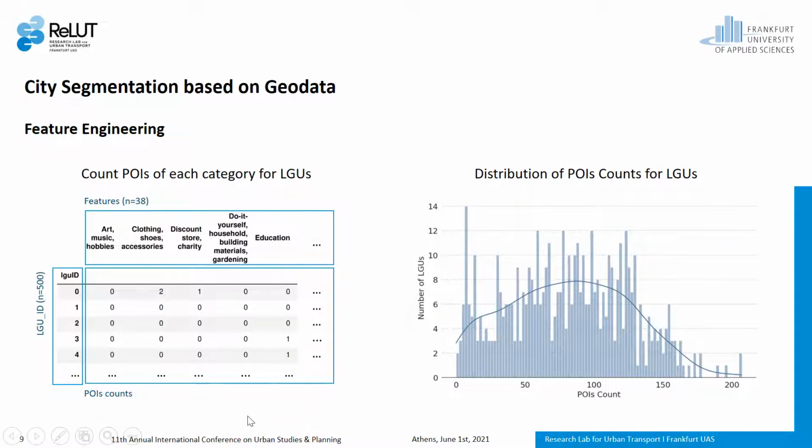After defining the LGUs, we establish the variables of the input dataset by counting the POIs of each category for LGUs. As said earlier, we have 38 variables and 500 LGUs. In the right diagram, we see the distribution of total POI counts per LGU with an average of about 80 POIs per LGU.